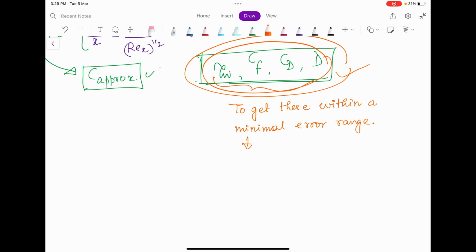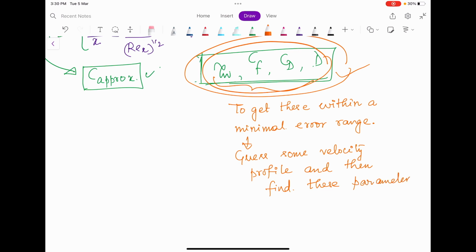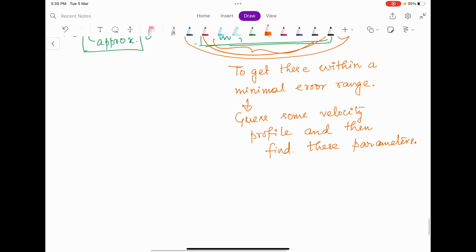So the step is guess some velocity profile, and then find these parameters. Okay, so now how can you guess the velocity profile, right?